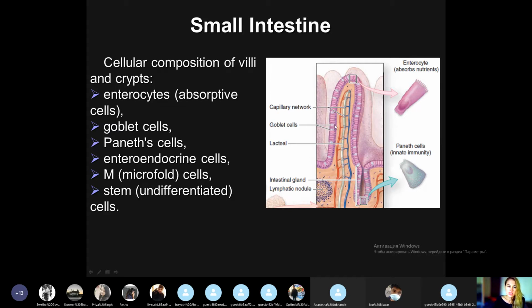Goblet cells are less present, but they are still abundant, and we can find them also in the villi and crypts. These cells have light cytoplasm and produce mucus. Next cell is the Paneth cell. Paneth cells we can find only in the crypts of the small intestine. Enteroendocrine cells usually are also found in the crypts. Then microfold cells and stem or undifferentiated cells.